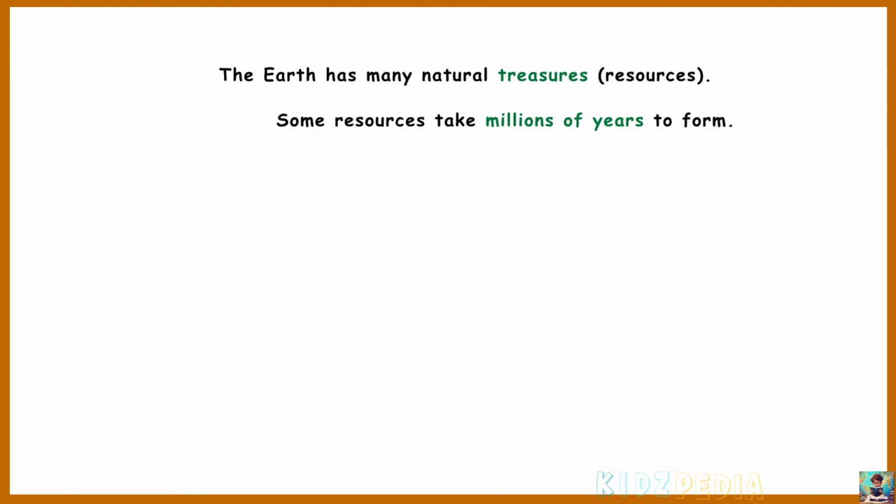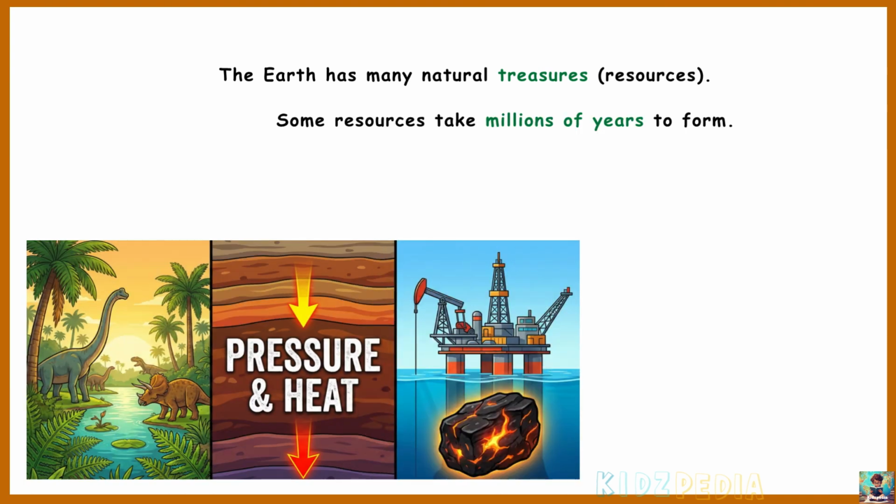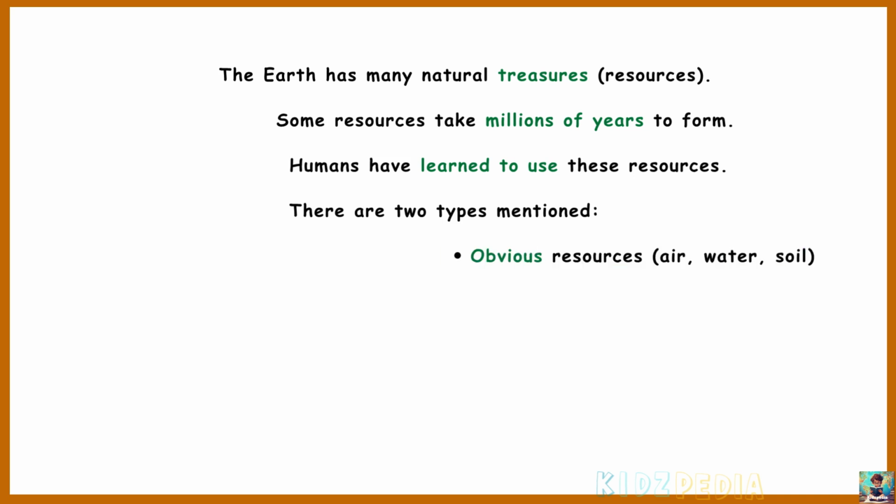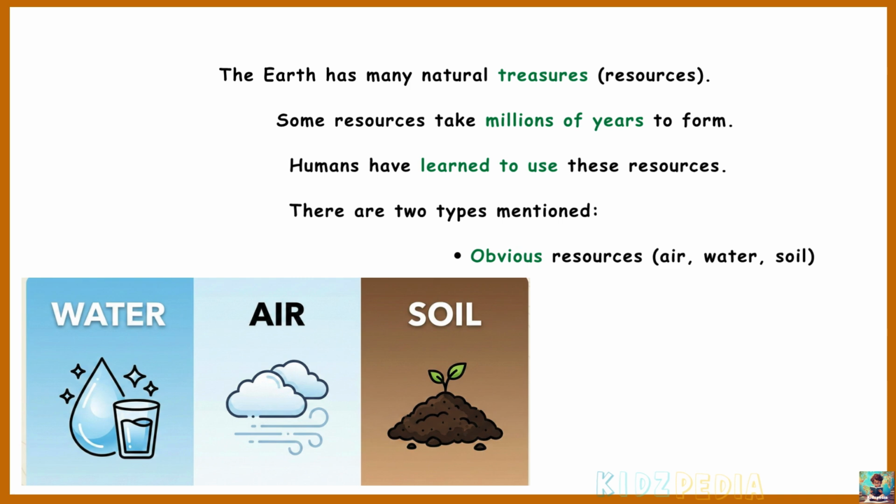Some of these formed very slowly over millions of years. Resources like coal and petroleum took millions of years to form inside the earth. Humans discovered them and learned how to use them. Here there are two types of resources mentioned. Obvious resources, that is easy to notice, like water, air, and soil.